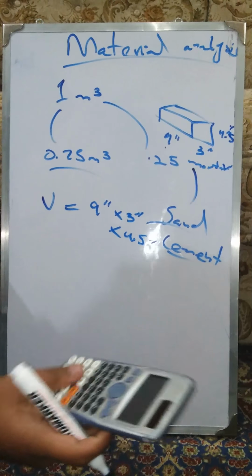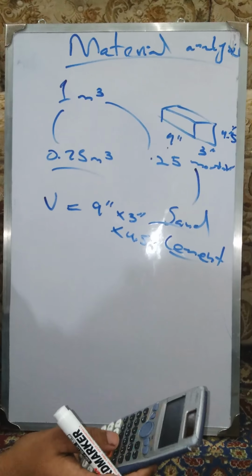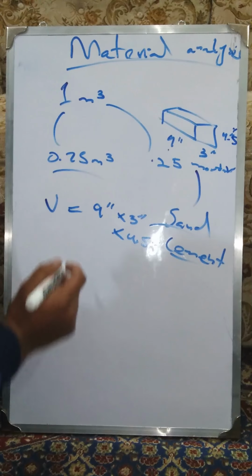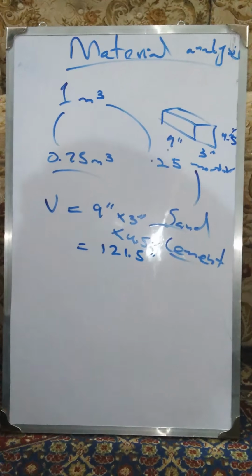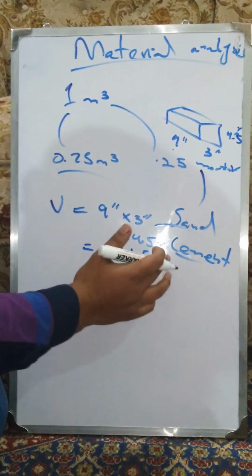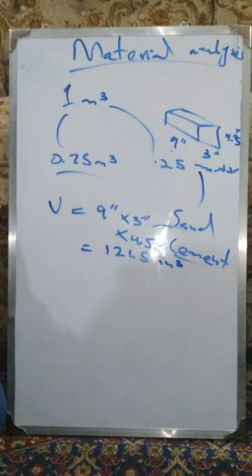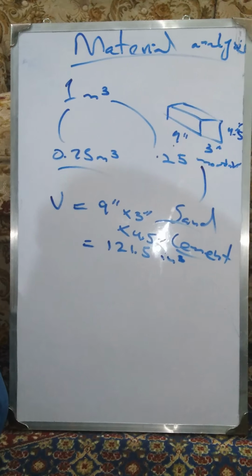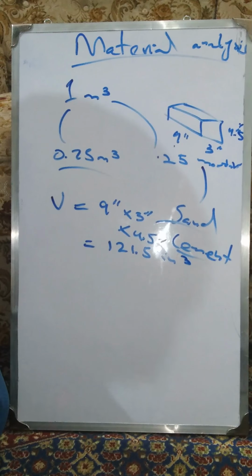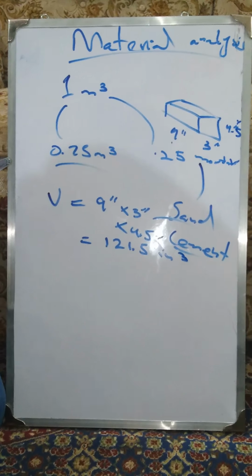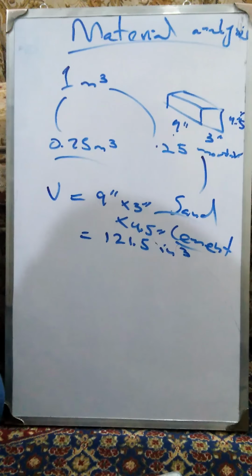So let's calculate the volume. 9 into 4.5 into 3 is equal to 121.5 inch cube, as all the units are inches. Now we are going to convert this inch cube into foot cube.